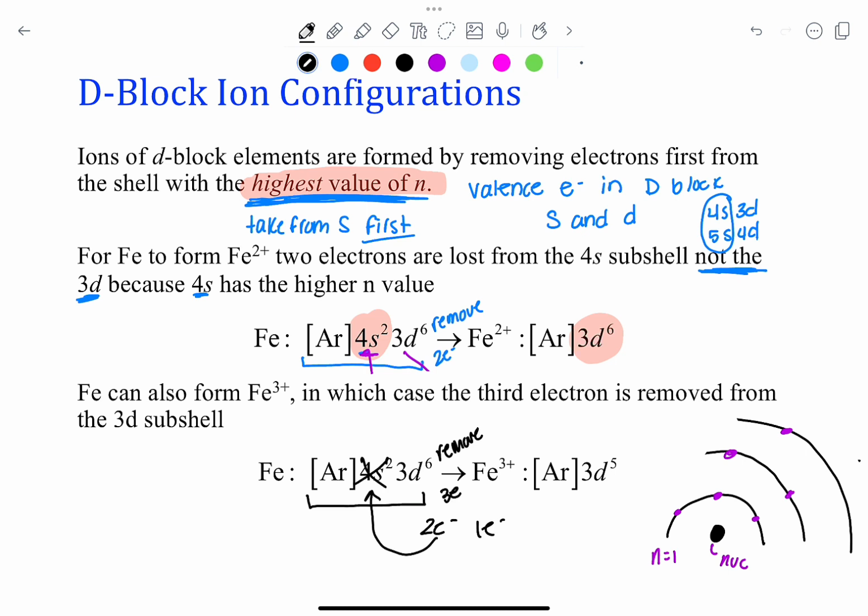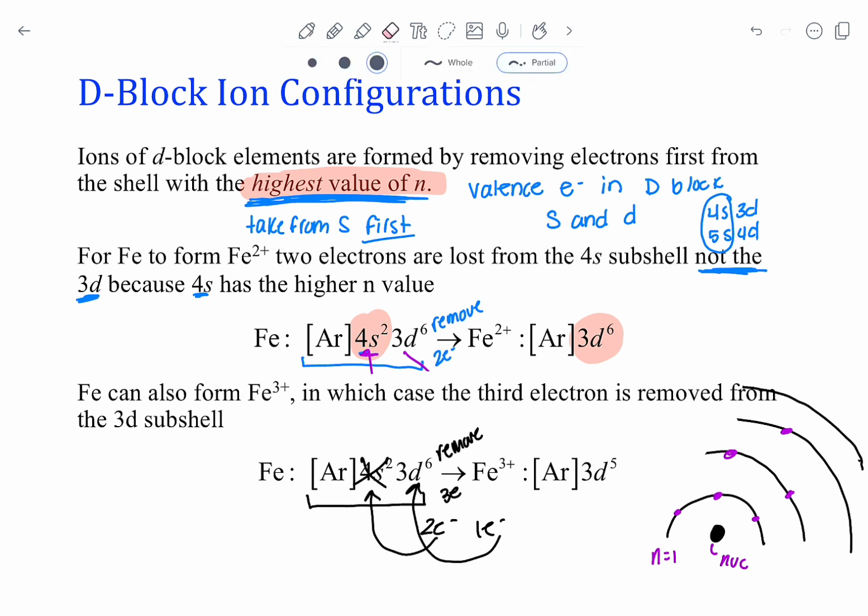And then that 1 extra electron is now coming from the d. So now that I've removed that outermost n, here's my 4, I'm going to draw it a quarter way over there. Now that I've removed the electrons from the 4, I can now access the 3 to start taking away electrons from.